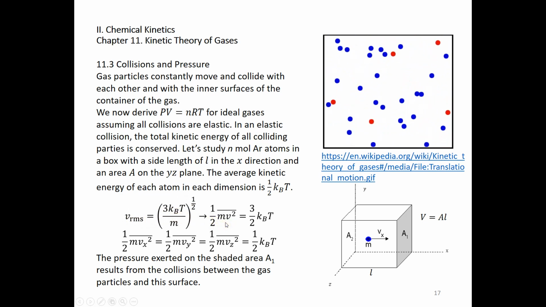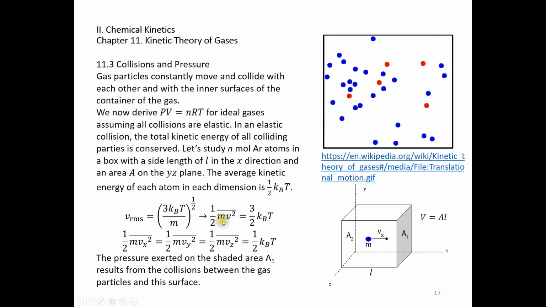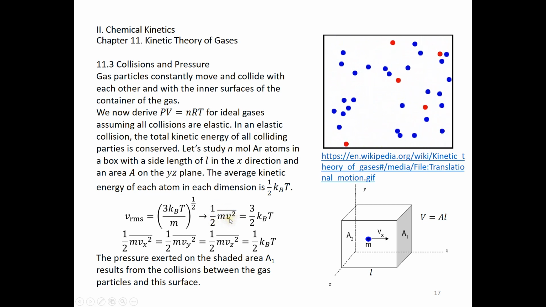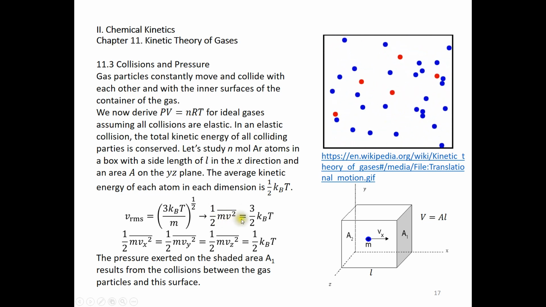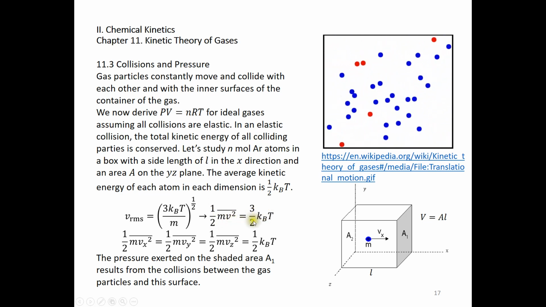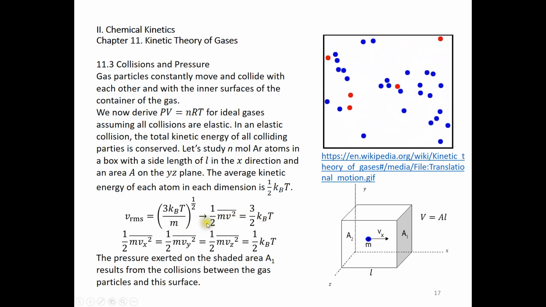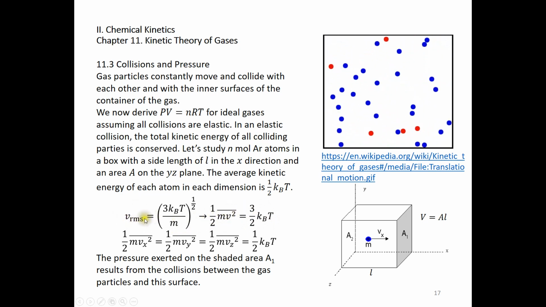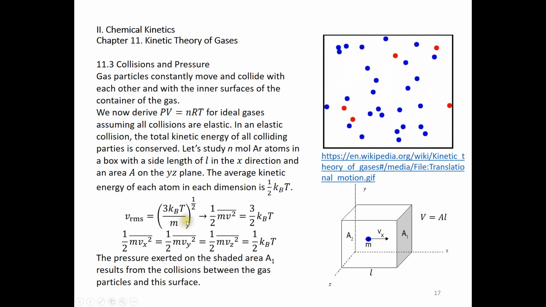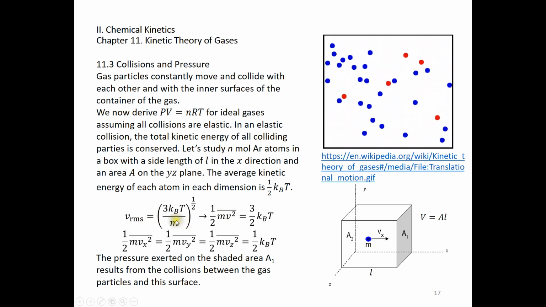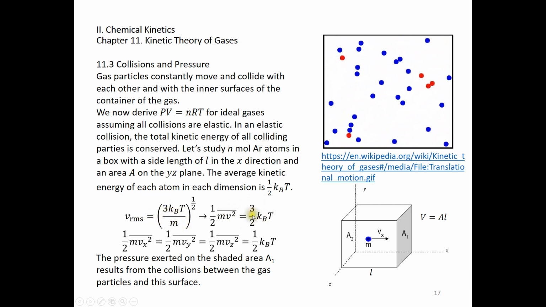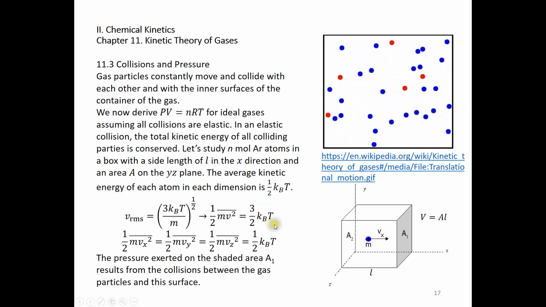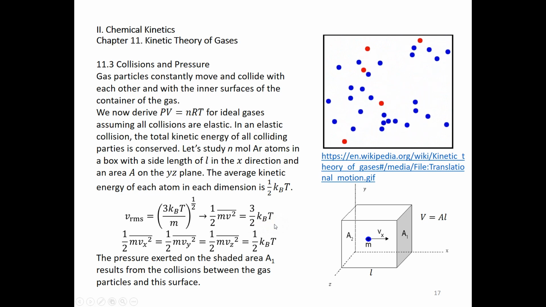Therefore, the average kinetic energy of the particles is 1/2 of the average of mv squared, and this is equal to 3/2 kBT. So really you just need to square this, you get this, multiply by m, and then divide by 2, you get 3/2 kBT. And that's the average kinetic energy of the gas particles.